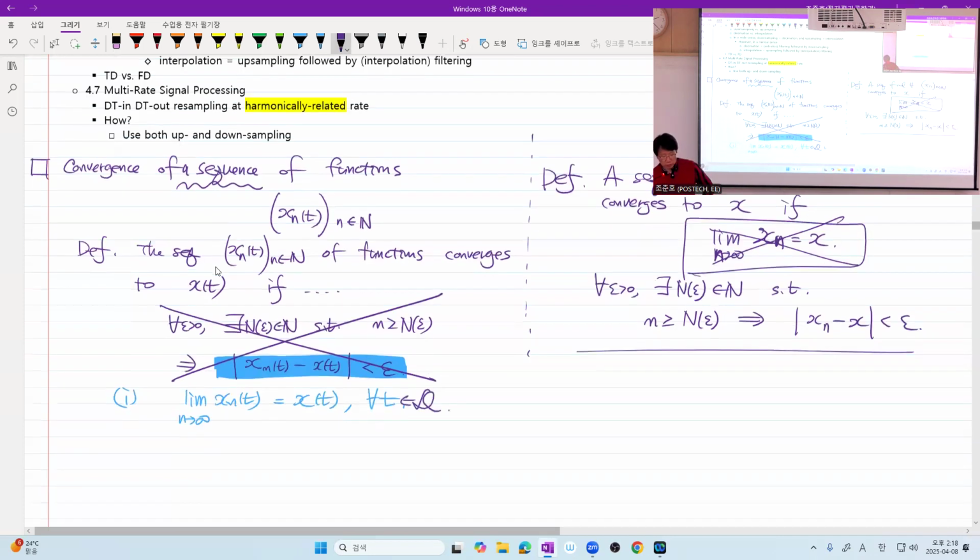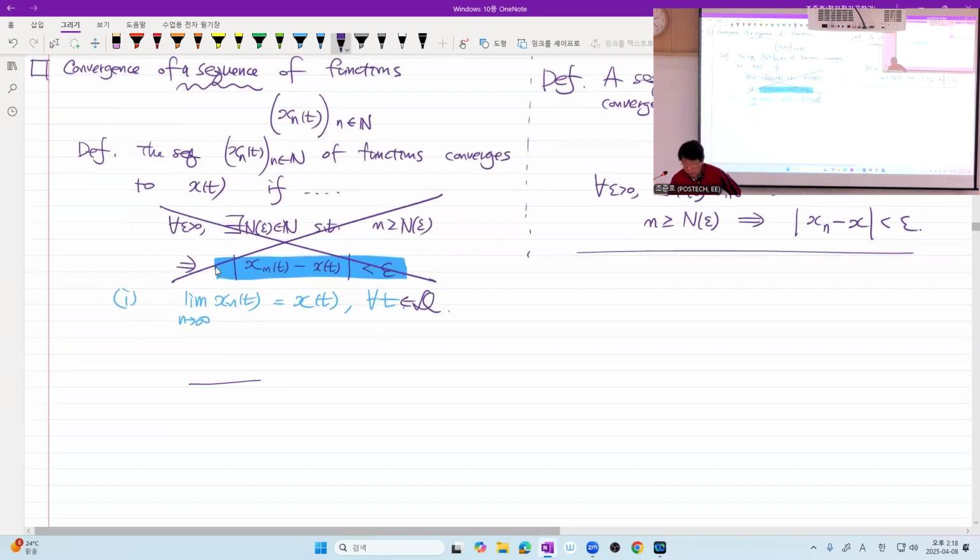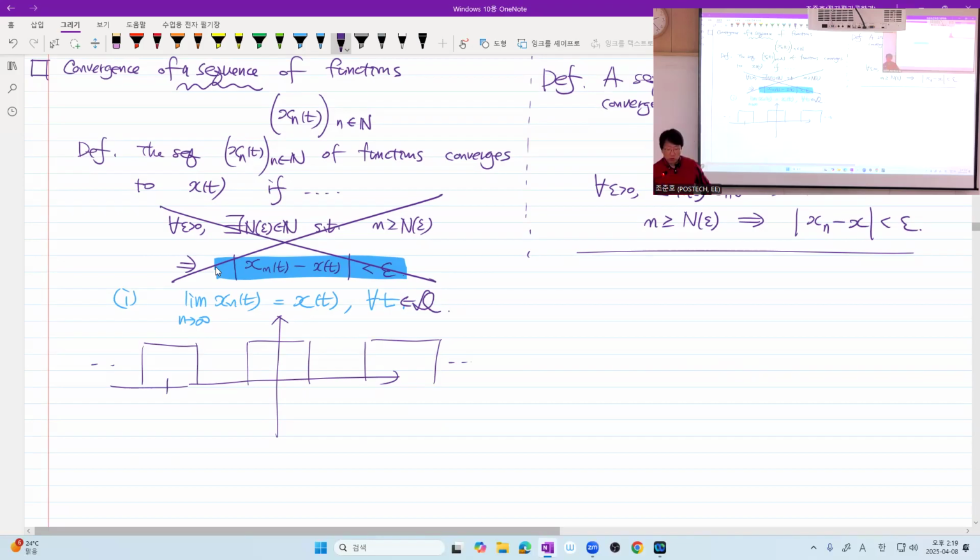And some of you say, what? Let's consider that famous Gibbs phenomenon. Suppose you have a periodic rectangular pulse, and you find the Fourier series. Let's say this x_n(t) is what?